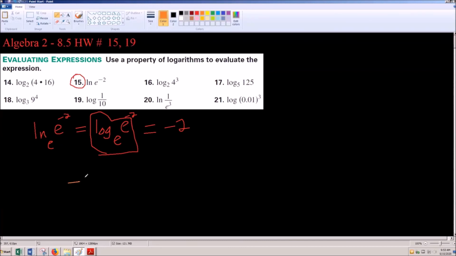So I could have this rewritten as negative 2 times natural log of e. Natural log of e, again, is just going to be 1, right? e to the what is going to give me e to the first. So this thing was just negative 2 times 1, which is negative 2. Any questions on this one?